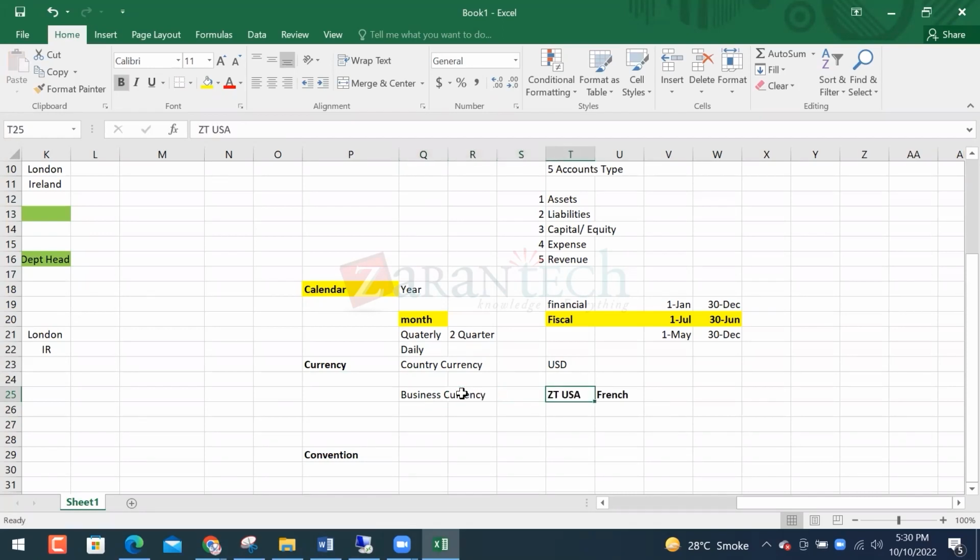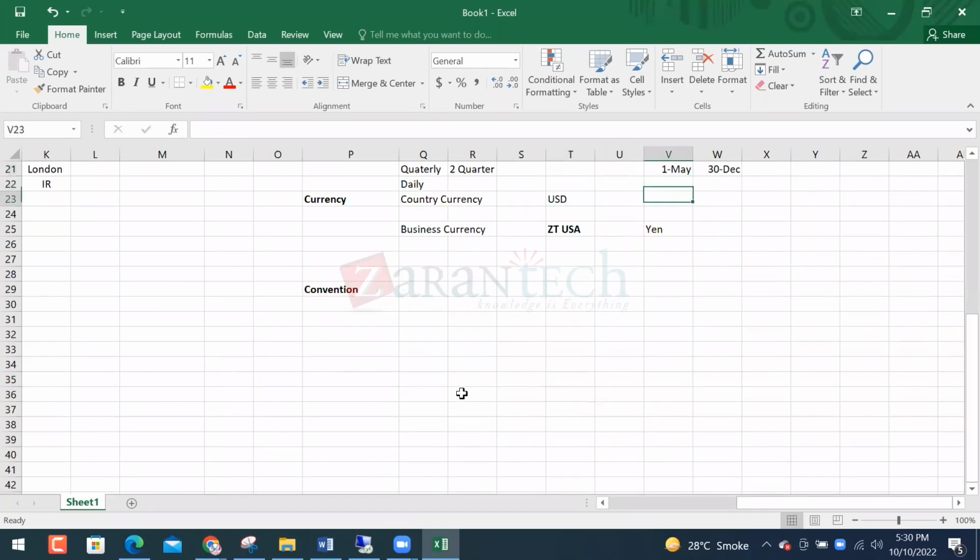For example, if my business currency is French, then all the transaction data I book in the system is in French currency. Do you think that when you open an office in the USA, a client comes in and says I want to purchase a laptop, you will say pay me 500 French currency, or whatever name, say yen?